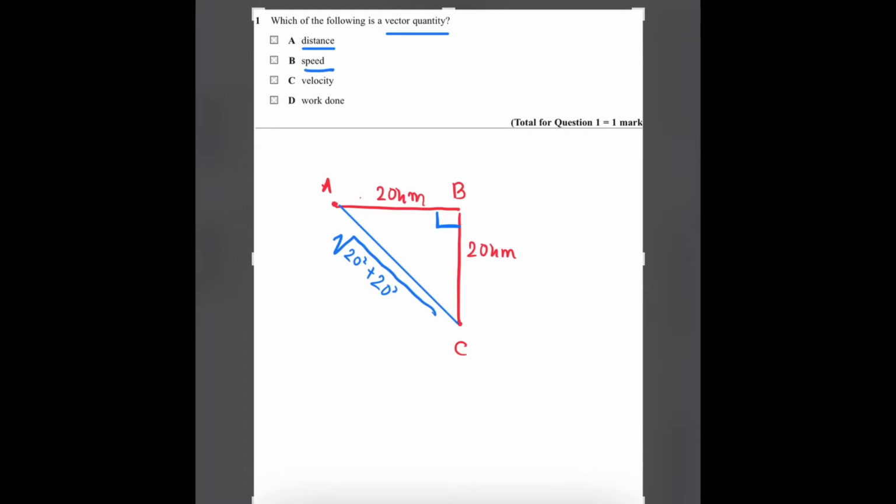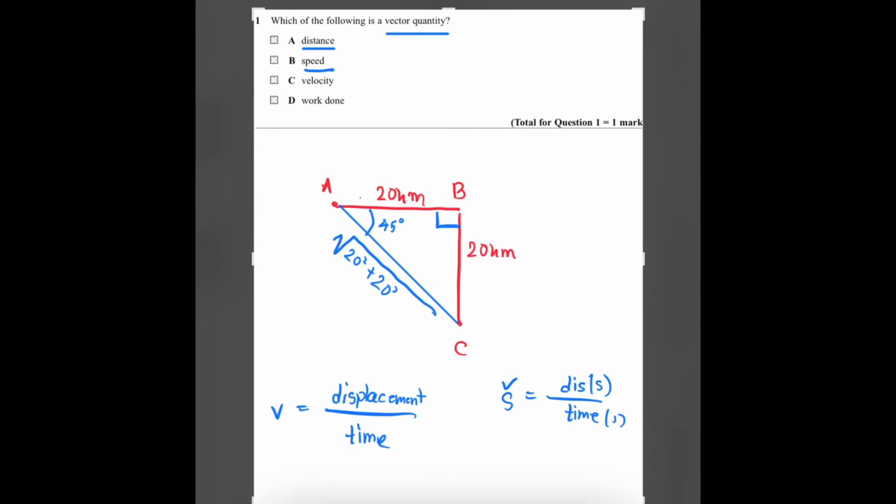So speed is basically distance by time. Since time is a scalar quantity and distance is also a scalar quantity, speed is a scalar quantity. Velocity is not distance, it is displacement by time. As I have said earlier, the displacement is the shortest distance between 2 points. So the displacement of A to C might be at 45 degrees, right?